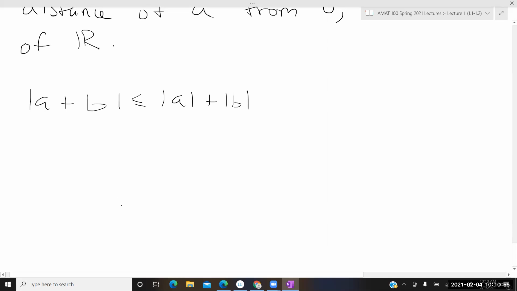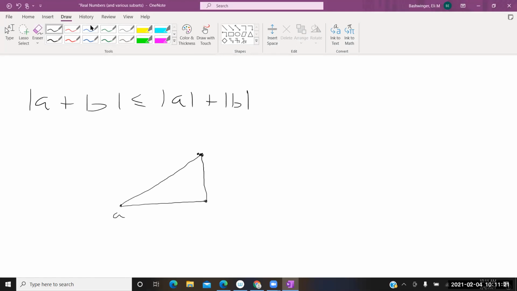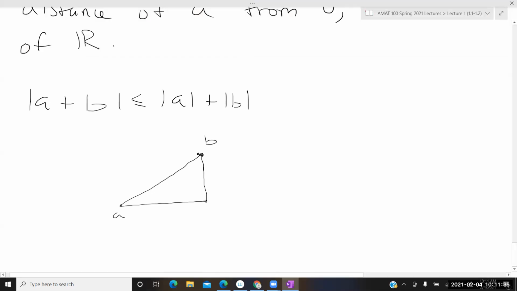It says roughly, if you have a point A down here, and then B is up in this corner, this hypotenuse, the length of this is less than the length of the sum of the sides.